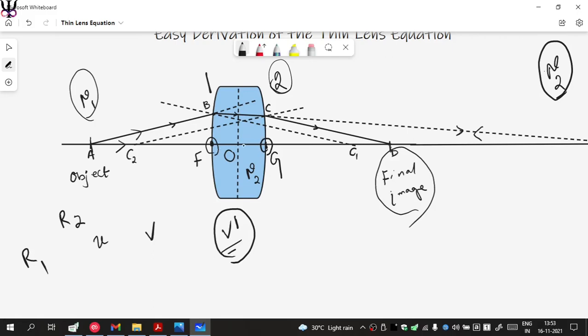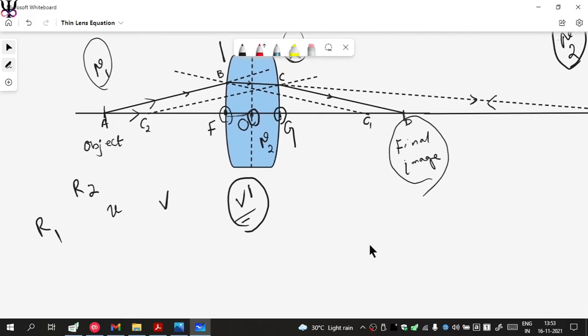So we take their average at the center O. Since it's a very thin lens, the distances OF and OG are very small. So we can assume that F is approximately the same as O, and G is also approximately the same as O. So all measurements will be taken from the average origin, which is O.